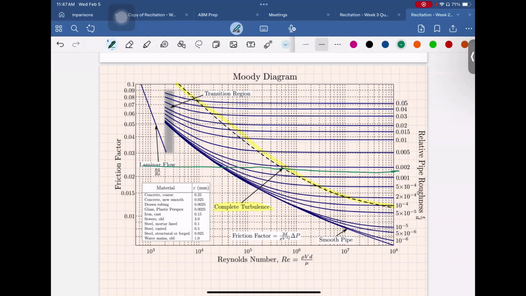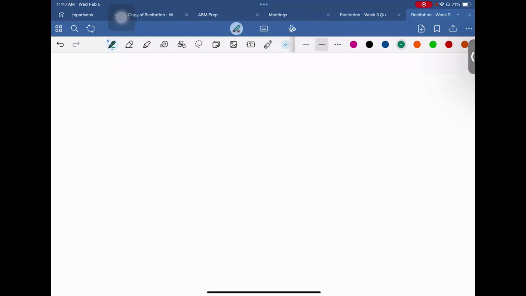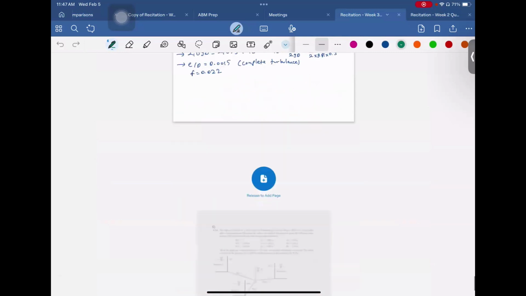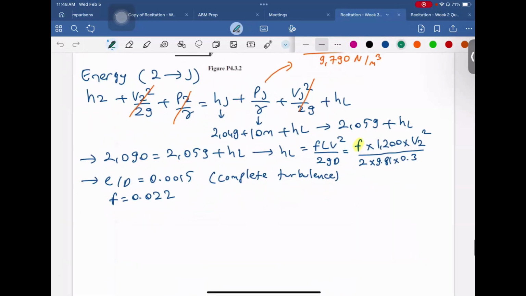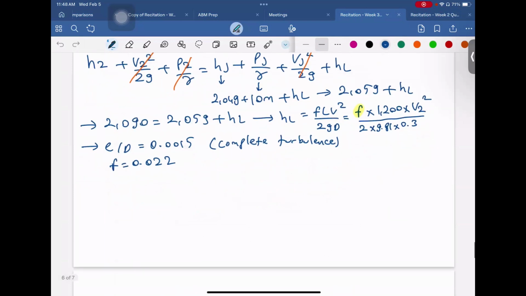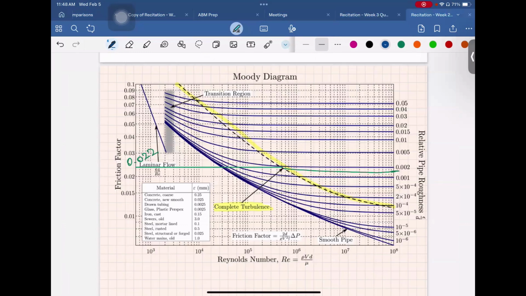And it gives almost 0.022. And we will directly use that friction factor. Here we assume that because we don't have Reynolds numbers, and we assume that it is complete turbulence. So it is around 0.02, and we assume that it is 0.022.